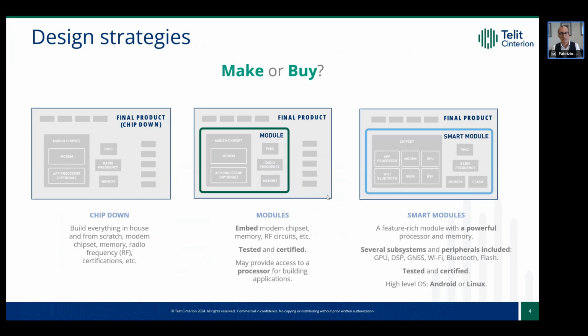And in particular, they integrate many connectivity options: cellular, Wi-Fi, and Bluetooth. Also, there is an integrated positioning system, so a GNSS system. And finally, but not less important, they run a high-level operating system, such as Android or Linux. This is quite important, as we are going to see in the next slide.